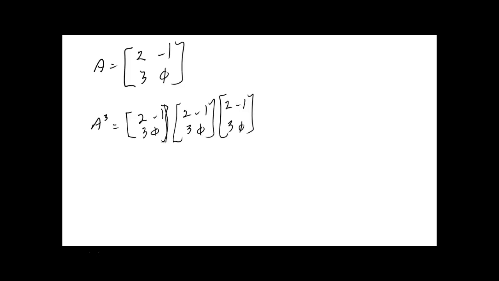That's what A cubed means. Multiply it by itself 3 times. Now, let's multiply the first two together. What size is that going to be? 2 by 2. That first entry is going to be the 1, 1 entry. So you take the first row here by the first column there. That would be 4.